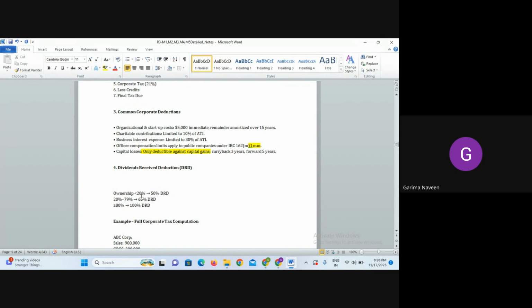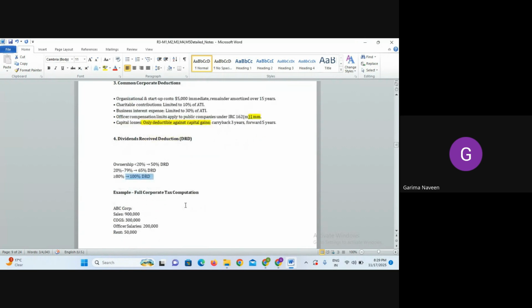But in case you have ownership of 20% or more, up to 80%, then you can get 65% of the deduction. And if you have more than 80% of ownership, that means you will become a consolidated company. Then in that case, your intercompany dividend will get eliminated and you will get 100% DRD deduction. Okay.